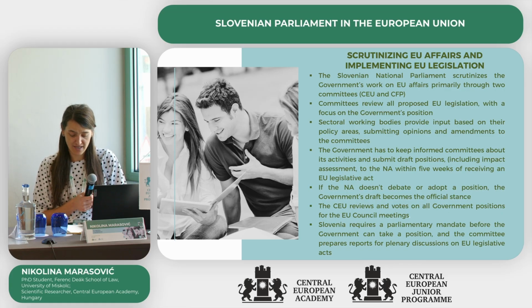But although there is often a strong relationship between institutional strength and parliamentary activity within the national arena, the Slovenian National Assembly does not make much use of the early warning mechanism or political dialogue.